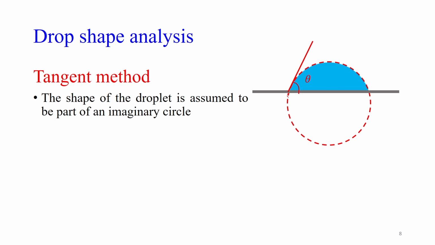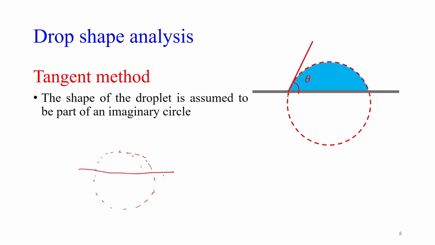To analyze the angle theta here, you have to consider this as a small circle and this is a part of the circle, then we can easily analyze the value of theta. The simplest method is like this: you have a circle, perfect.